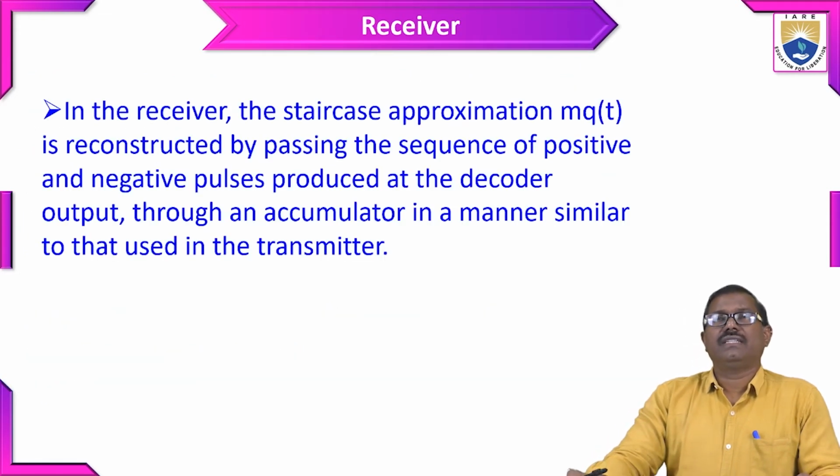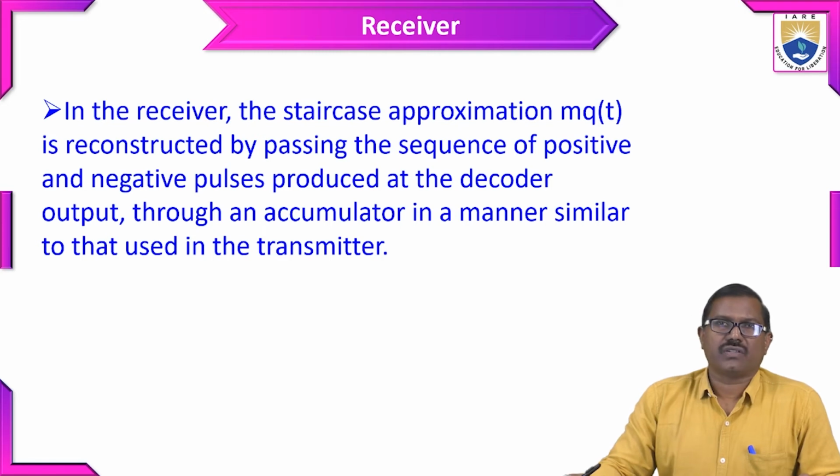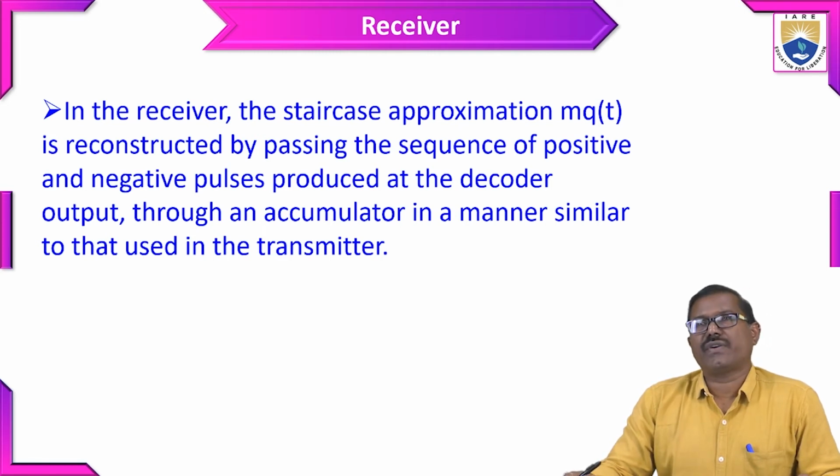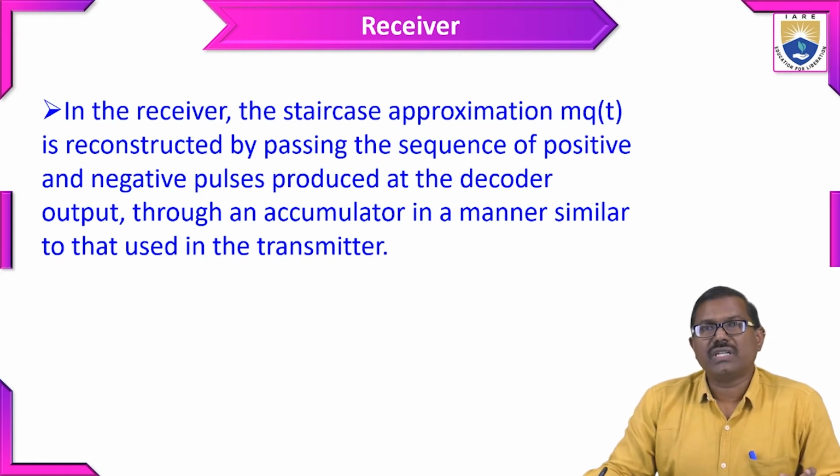So now finally the receiver. In the receiver, the staircase approximation mq(t) is reconstructed by passing the sequence of positive and negative pulses produced at the decoder output through an accumulator, in a similar manner to that used in the transmitter.